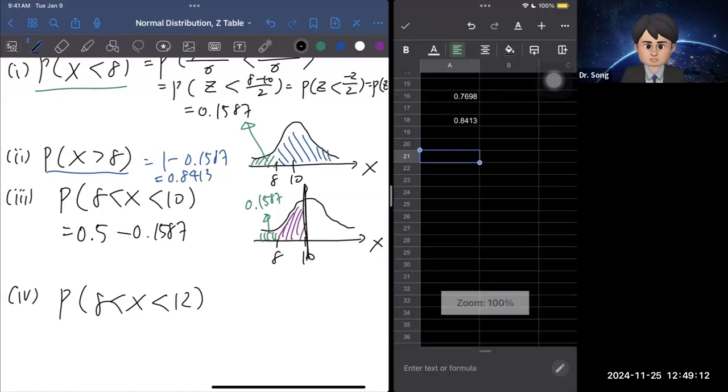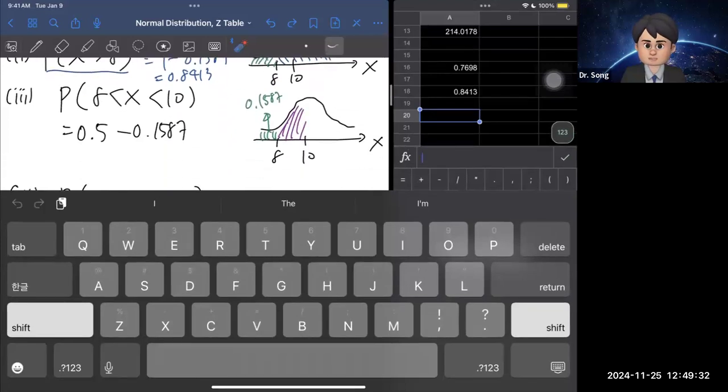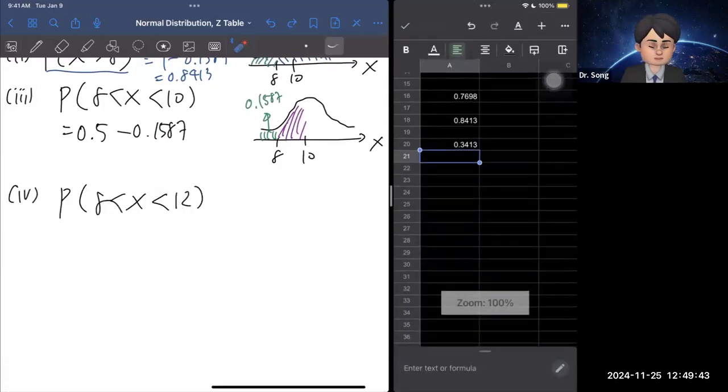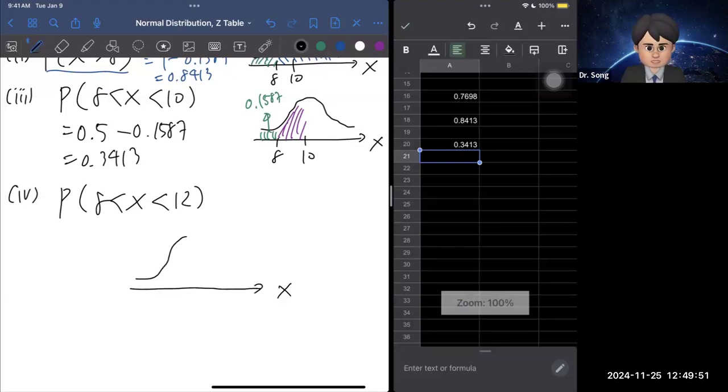Below the center is 50%, above the center is 50%. Since the center is 10, here is 0.5, and 0.5 minus the green shaded area gives you the purple shaded area. With the calculator, 0.5 minus 0.1587 is 0.3413. That's the answer.